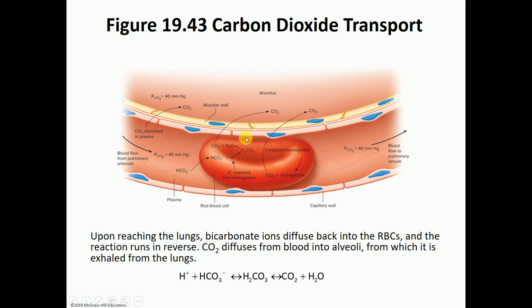In the case of the carbon dioxide that was carried as a bicarbonate ion, that whole reaction would have to reverse in order to make carbon dioxide again. It would diffuse into the alveolus, and that is also exhaled.